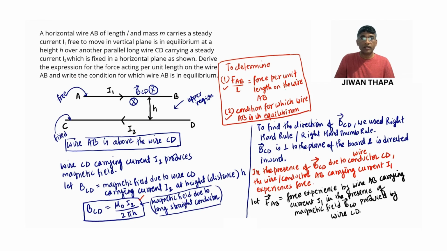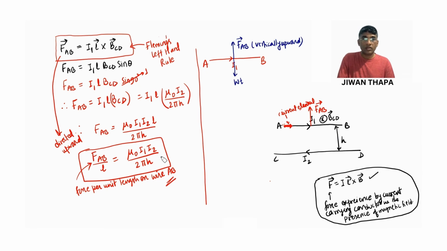So we have this. We are asked to find the condition for which wire AB is in equilibrium. So I'm writing over here: to be in equilibrium, we write it this way. Weight of wire AB per unit length, because we have force per unit length.